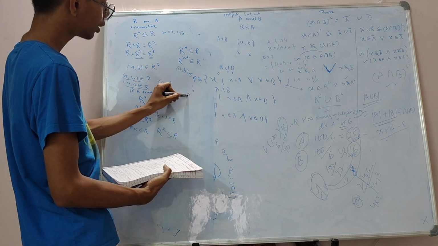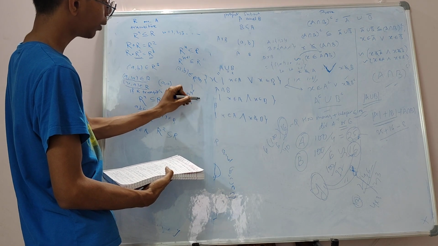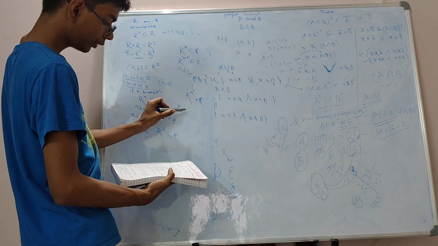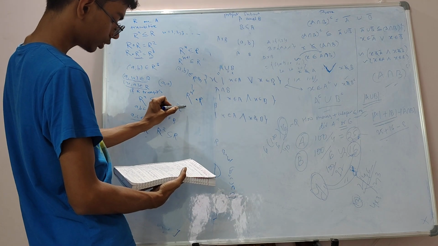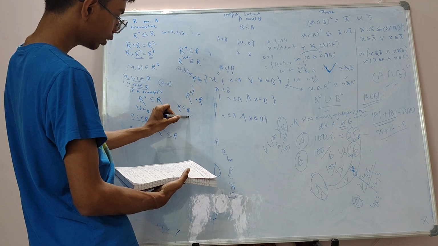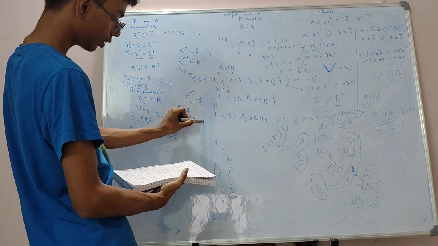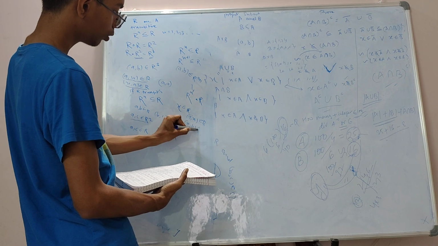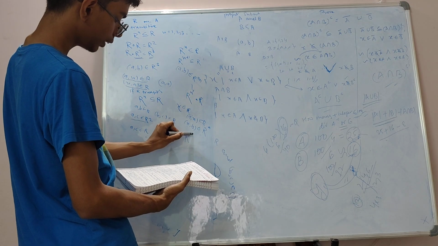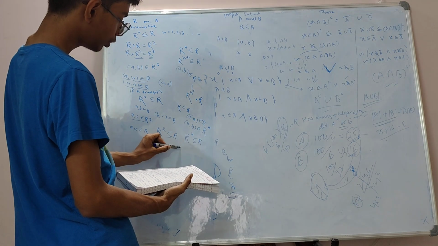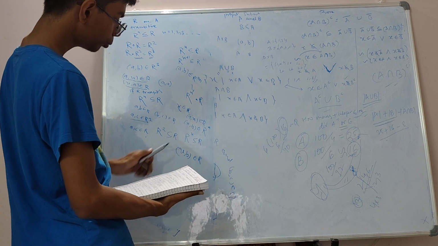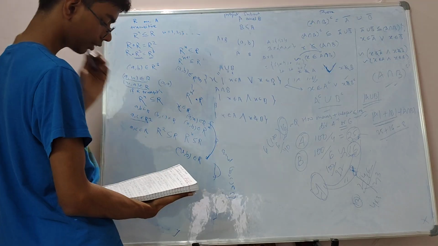This can be written as R composed n times multiplied by R, and there exists some element x belongs to A such that a comma x belongs to R and x comma b belongs to R composed n times. So R composed n times is subset of R and we know x comma b belongs to R because R is transitive, right?